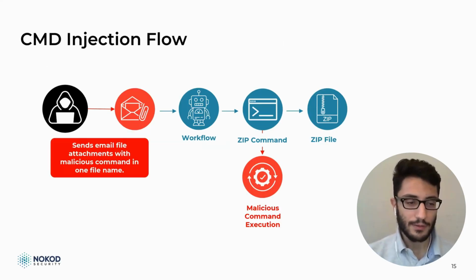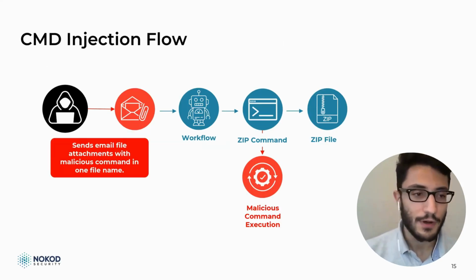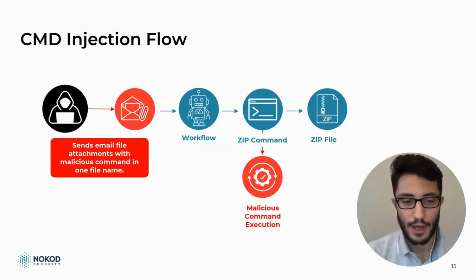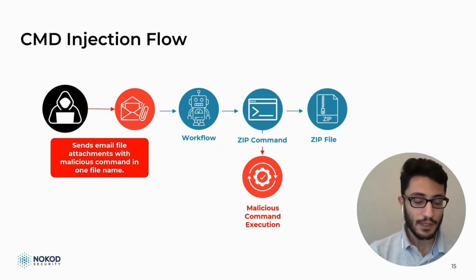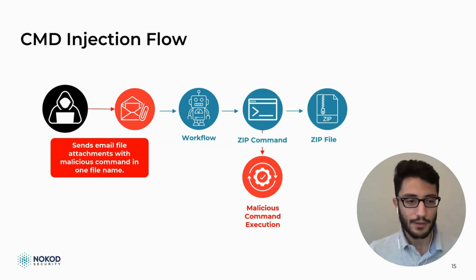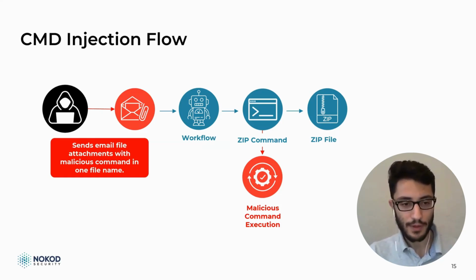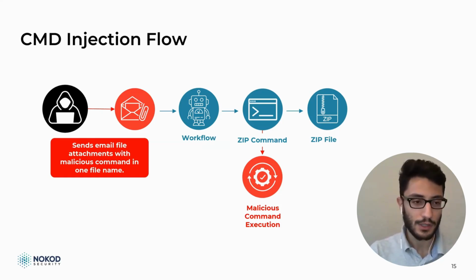Now, we'll see that this flow is actually vulnerable to command injection, and that a malicious attacker can inject a CMD command into the file name, and the workflow would actually execute this command.